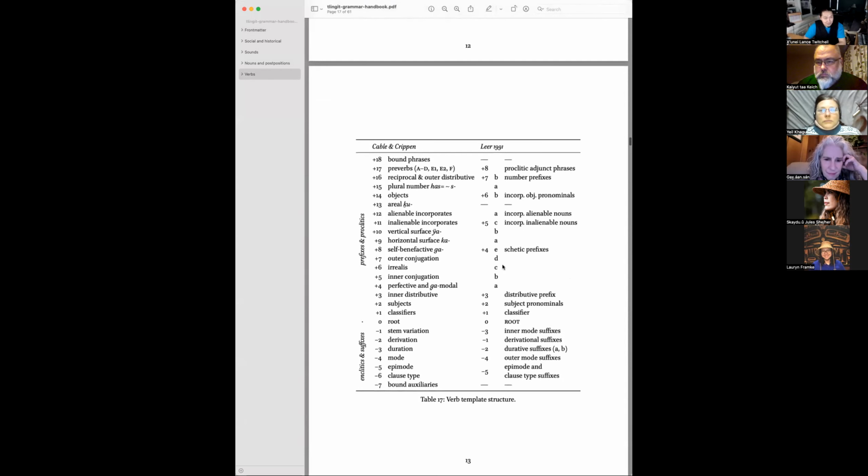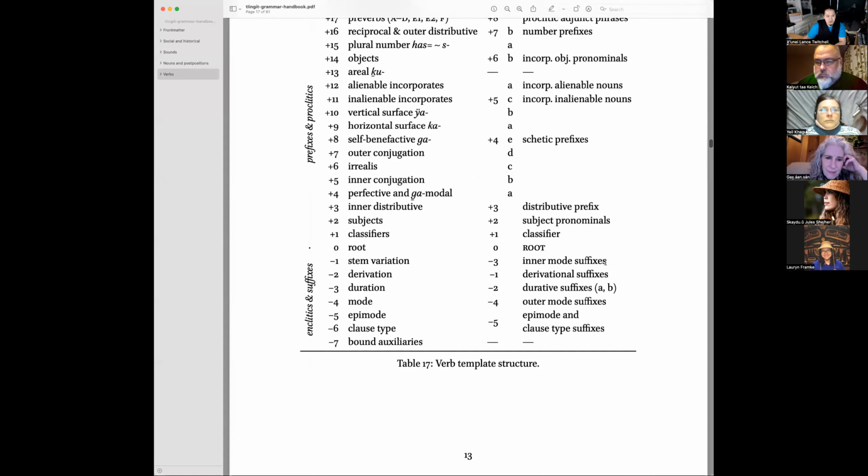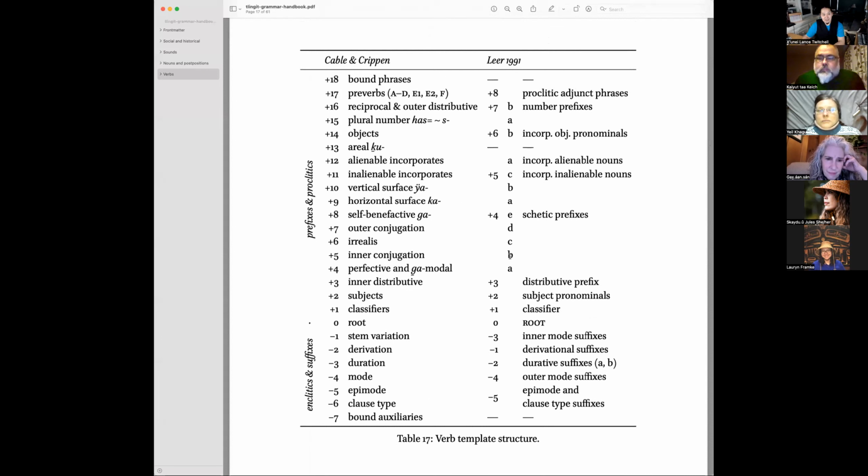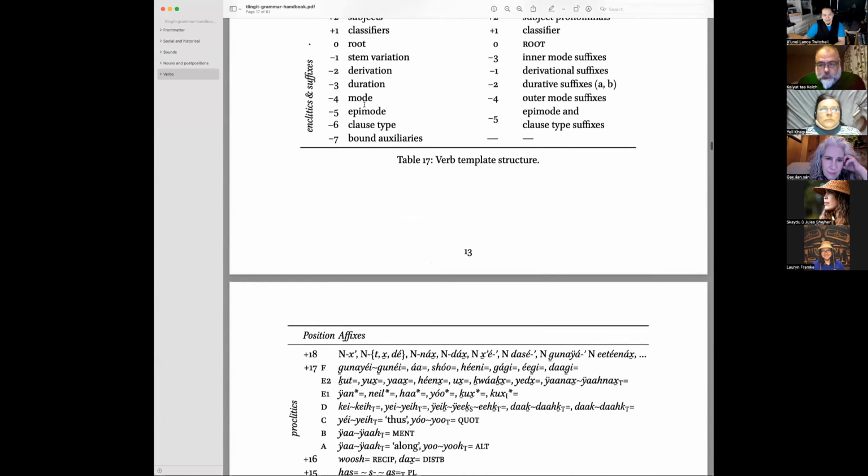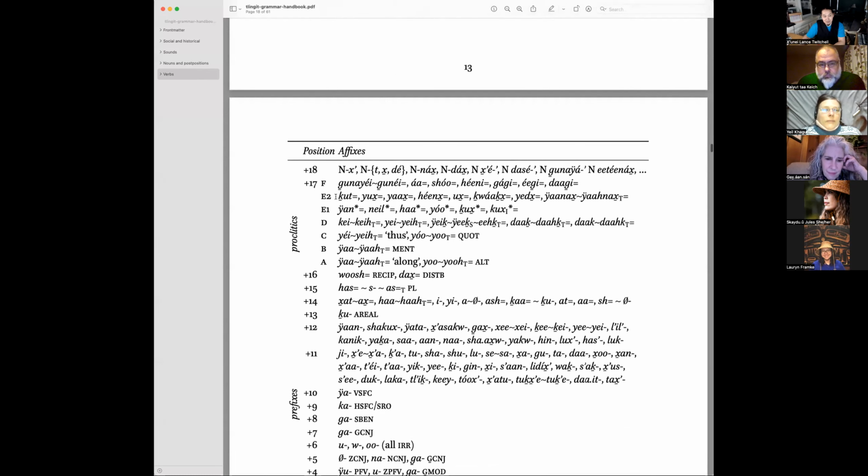This is the template structure. So this and the next page show you the order of all of these things. And this shows you what these things are, and then you go down, and it shows you some examples of what you might see there. So this is number 17, and he's got them by A, B, C, D, E1, E2, F.